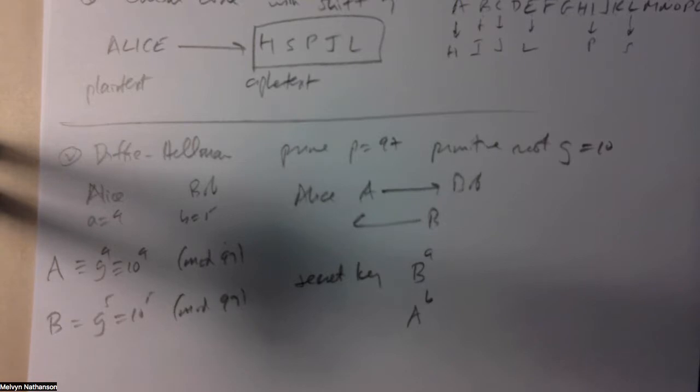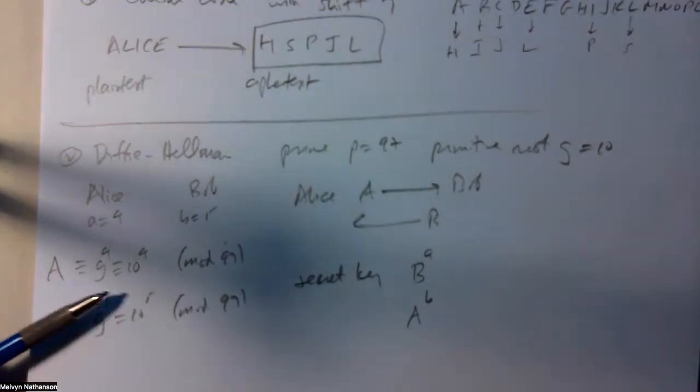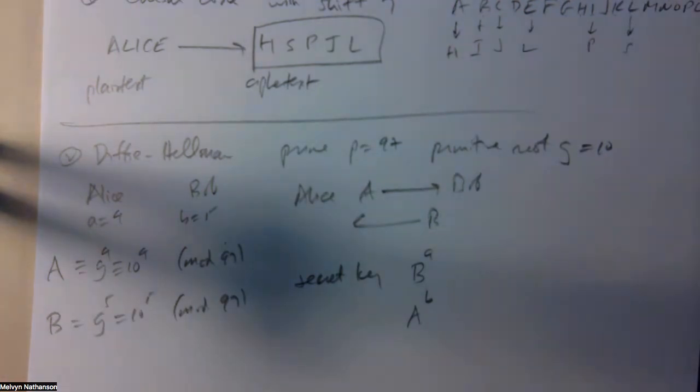So we have to do a little bit of arithmetic here. And it really is a little bit. I mean, you can do it if you like by hand, or you can use the calculator, or you can use a computer. If I take the least positive residue of, there's a congruence class, what is 10 to the 4th congruent to mod 97?